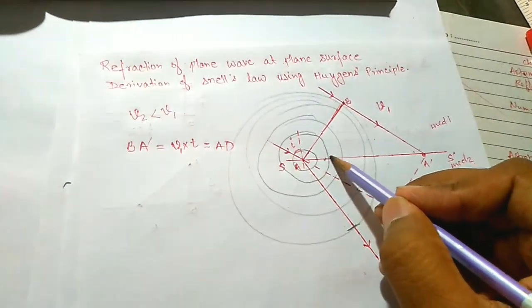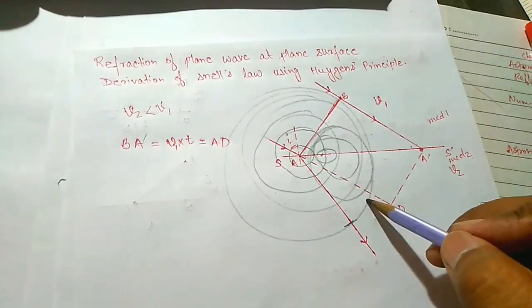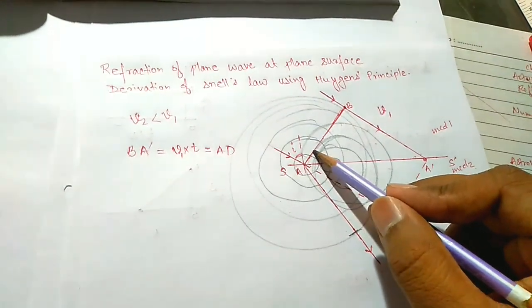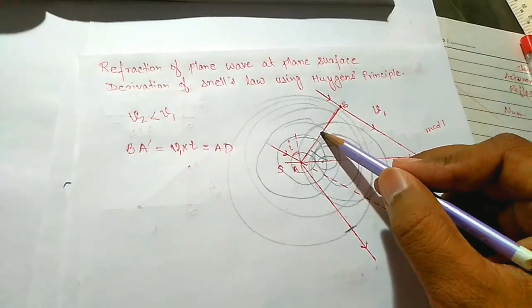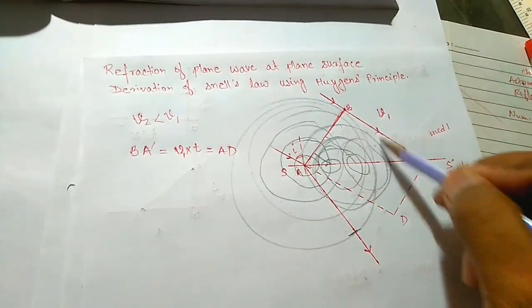For this point, this will be also increasing there, but this will produce a little bit smaller, because it will take time to come here, then it will produce the secondary wavelets. Same for this point, the ray will come here, then it will produce secondary wavelets.